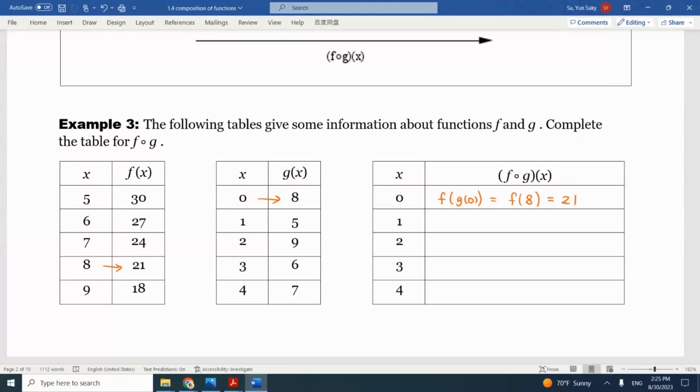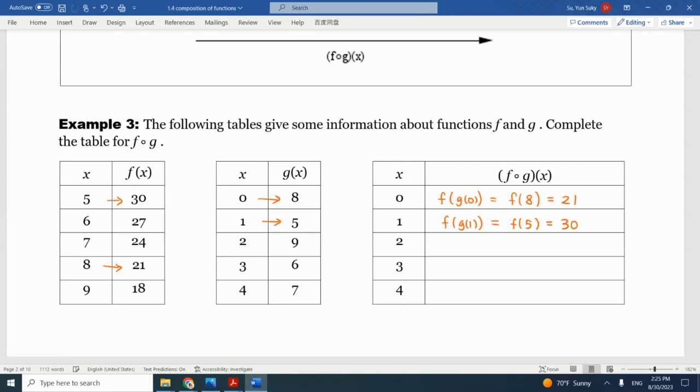And then 1, so you plug in 1, you get F of G of 1. What's G of 1? 5. So that's 1 maps to 5. And what is F of 5? 30.